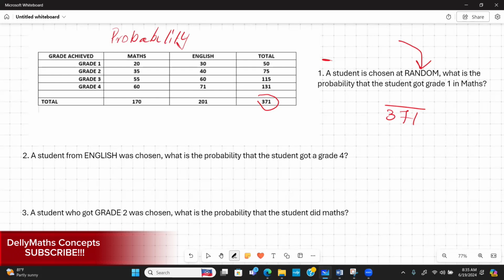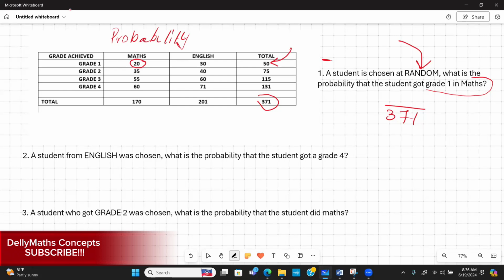So it says a student is chosen at random. What is the probability that the student got grade 1 in math? Now we know our sample space is 371, but now we're focusing on grade 1 in math. How many? Grade 1 in math, you're seeing it's just 20 right here. Be careful, grade 1 overall is 50, but we're not interested in the total grade 1. We're interested in grade 1 in math.